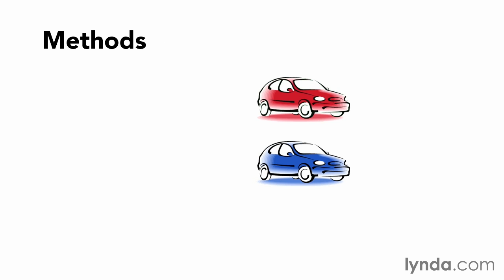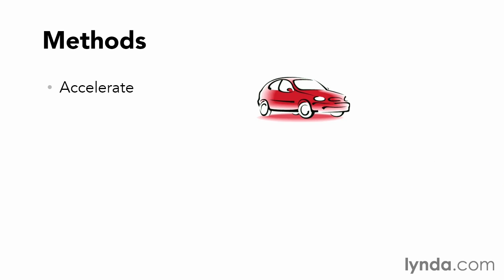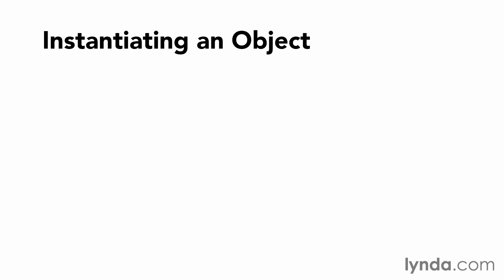Methods dictate what an object can do. In the case of a car, accelerate is a useful method. Although all cars can accelerate, they operate independently of each other. In programming terms, you create an instance of a class, or instantiate an object. This simply involves using the class's constructor method with the new operator and storing the object in a variable.